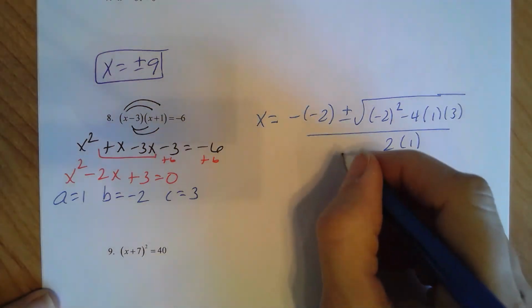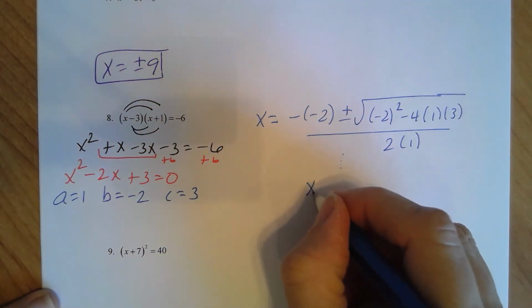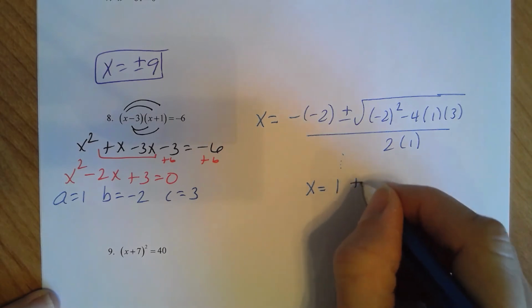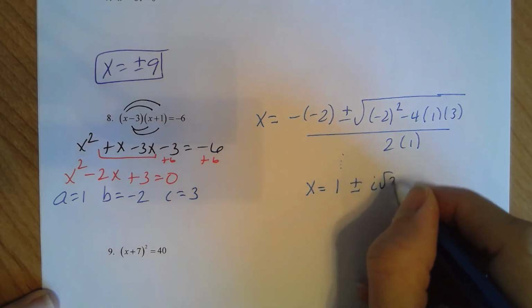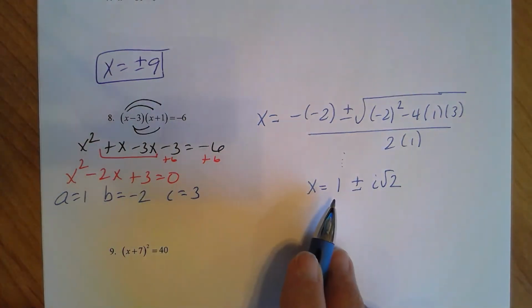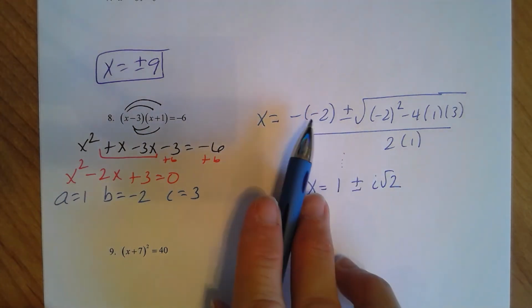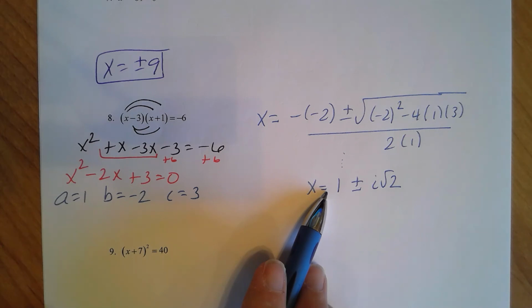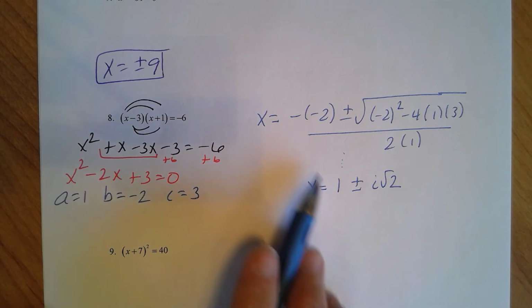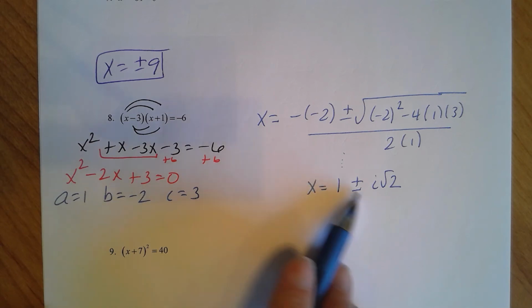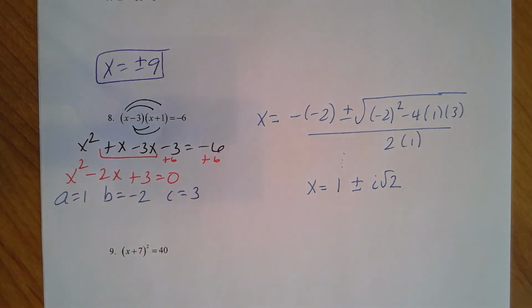So I'm going to let you finish that one off, and that's going to be x equaling 1 plus or minus i square root of 2. Now, why am I getting that 1 there? Because when you separate, you're going to get 2 over 2, and 2 over 2 is 1. So make sure you reduce and simplify by separating first.